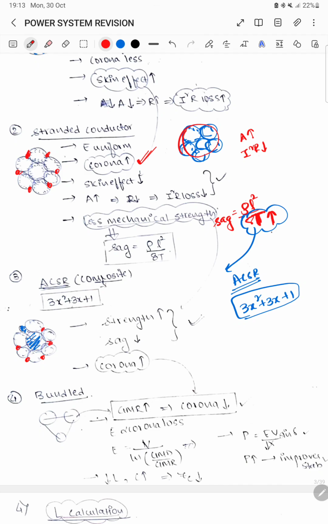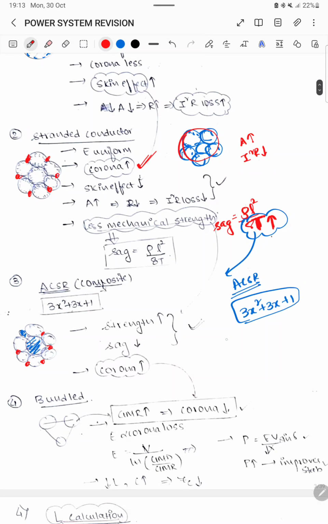Since there is no improvement in corona loss, we need to see some other solution. Strength is improved in ACSR, but no improvement in corona loss. We have seen that corona loss is inversely proportional to GMR.